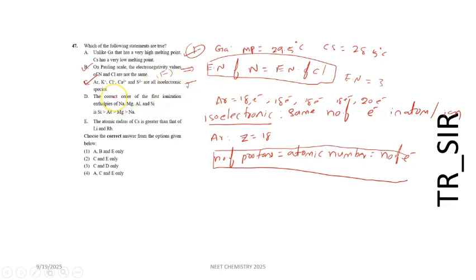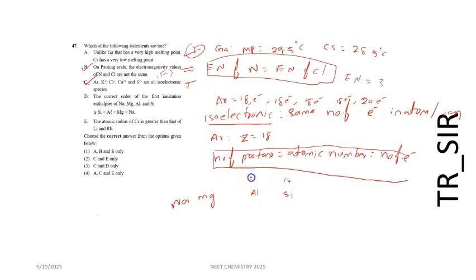Now, statement number 4, option D. The correct order of first ionization enthalpy of sodium, magnesium, aluminium, as well as silicon. If you arrange them by periodic table position, sodium comes in the first group, magnesium in the second group, aluminium in the 13th group, and silicon in the 14th group.